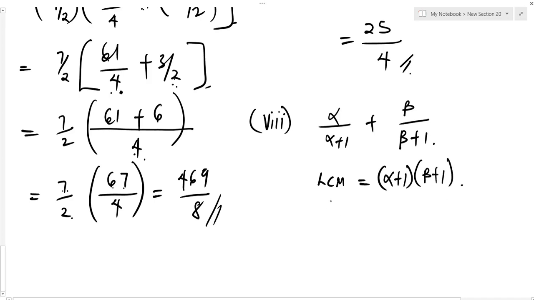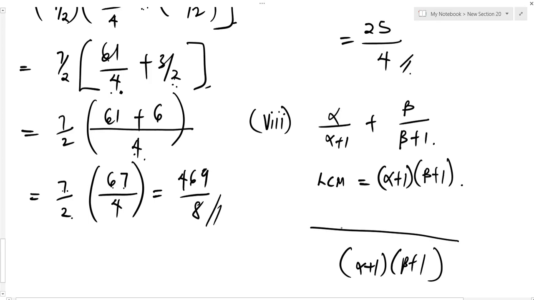Now, so to rewrite this fraction, you now say alpha plus 1 times beta plus 1, all divided by. So how to rewrite this fraction?